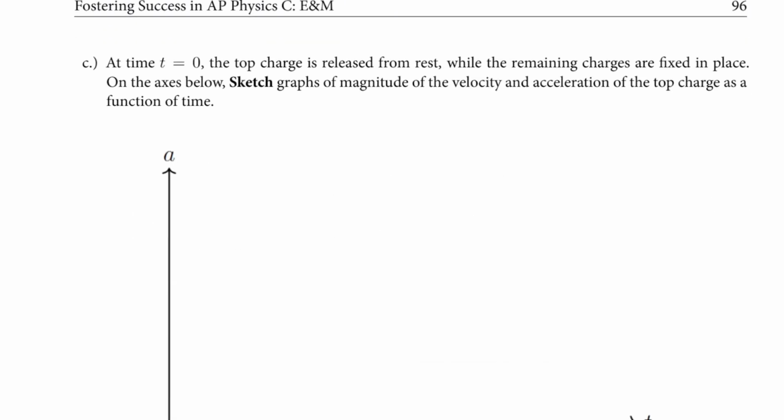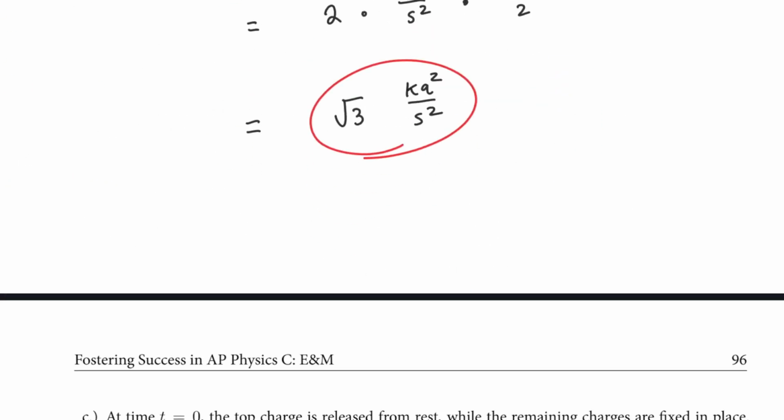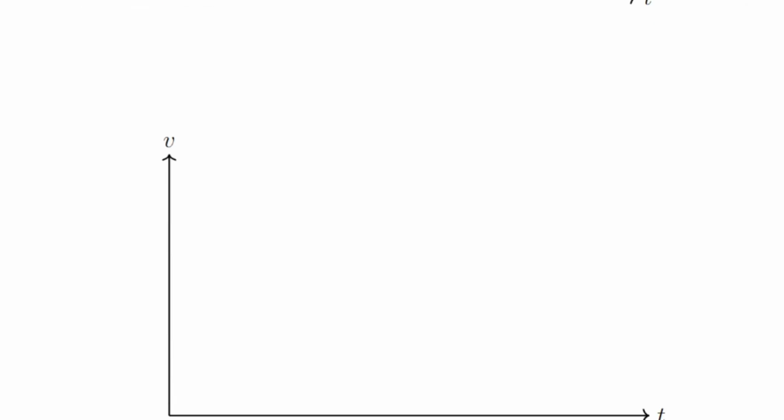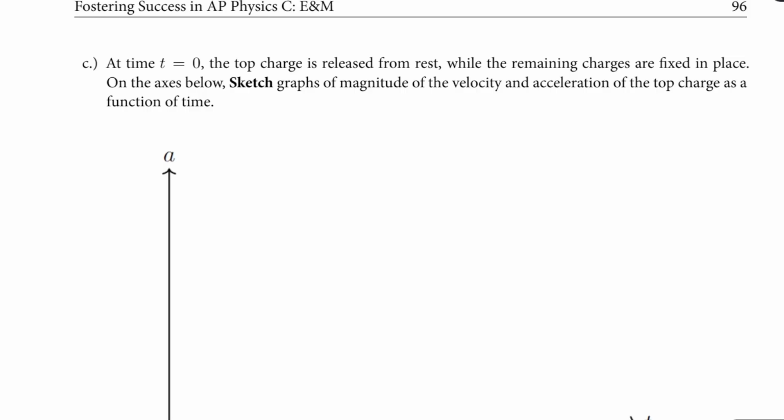Now let's model the motion of this. At t equals 0, the top charge is released from rest. So we launch this charge away, and we let the others stay there, and we're interested in graphing the acceleration as a function of time and the velocity. First, we know that the electric force is proportional to 1 over distance squared.